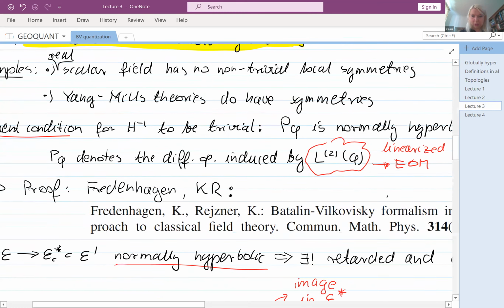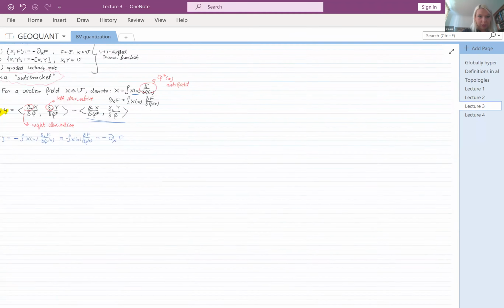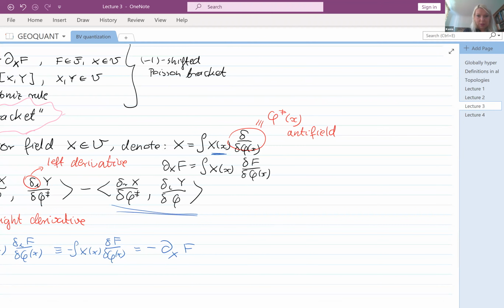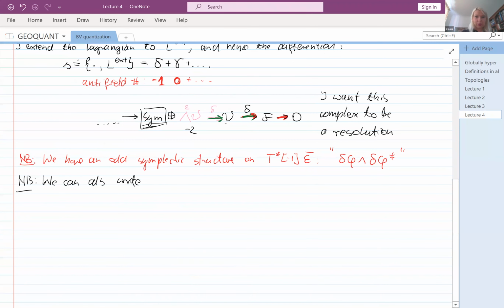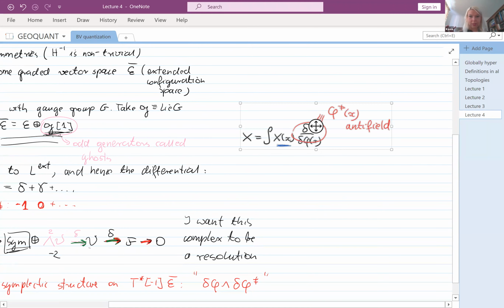So let me just go back a bit. So the question was about antifield number. So here I want to write vector fields in terms of these formal generators, phi double dagger, and these formal generators are interpreted as antifields.